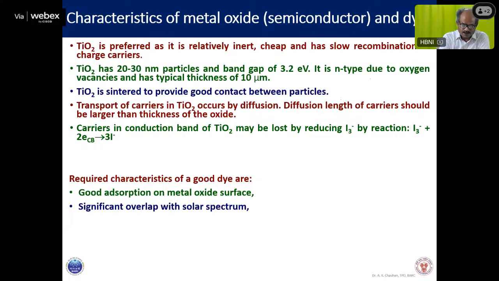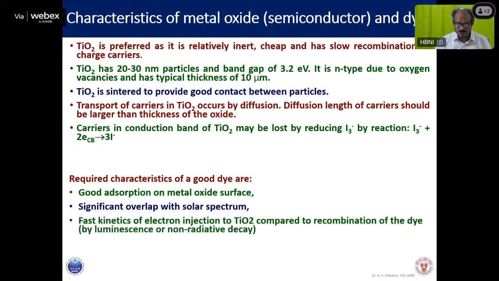The required characteristics for a good dye: first, it should have good absorption on the metal oxide. There is actually no bond; it is only adsorbed on the surface. So the adsorption should be good. It should stick to the surface, and there should be significant overlap with the solar spectrum, because only then can you absorb more of the spectrum.